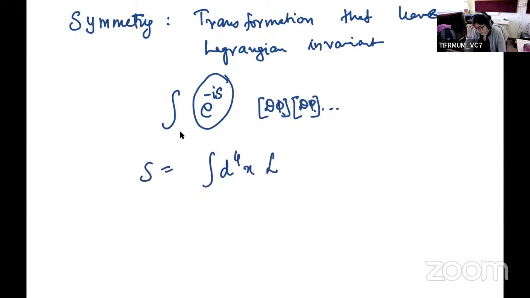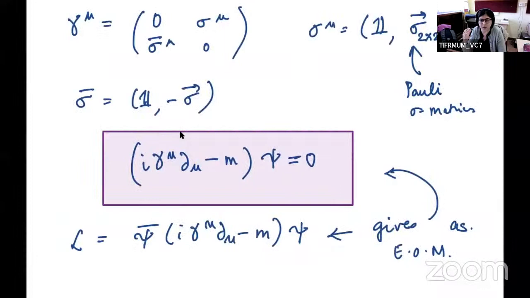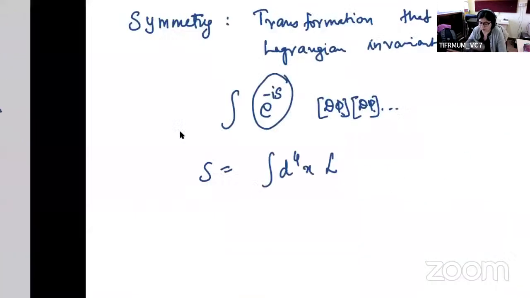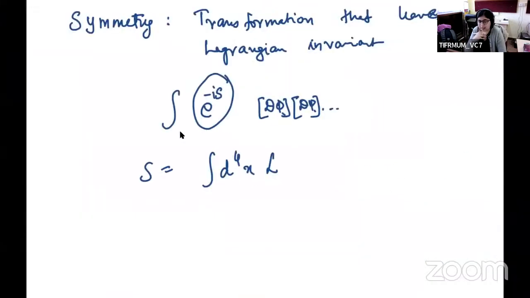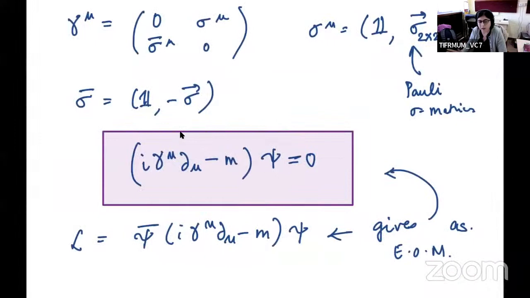So basically what the symmetry is telling you, heuristically, is that whether it takes one path or the other, there is no difference in the probability. So that's the heuristic understanding of what this symmetry is telling you. And mathematically, what you want is to find a transformation of your Lagrangian which does not change the form of the Lagrangian.